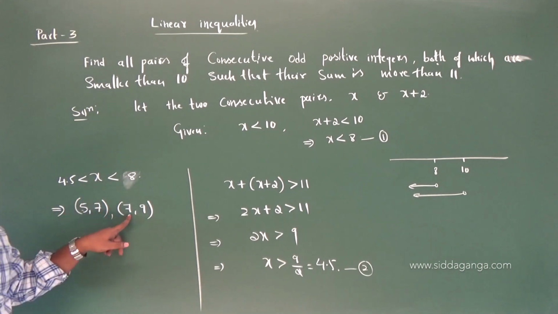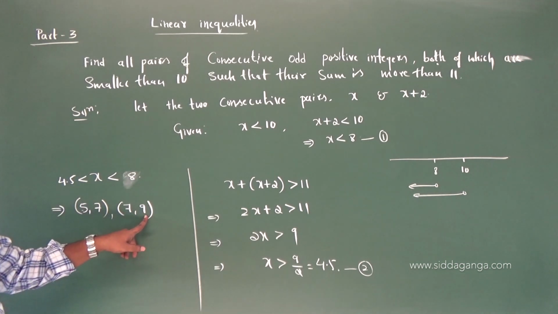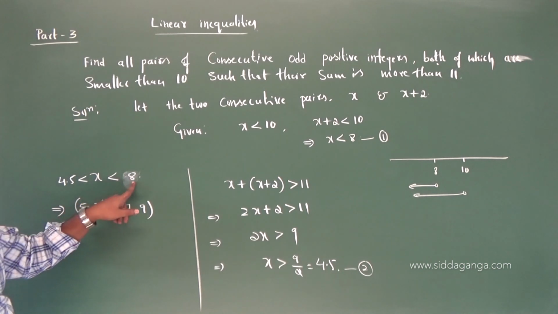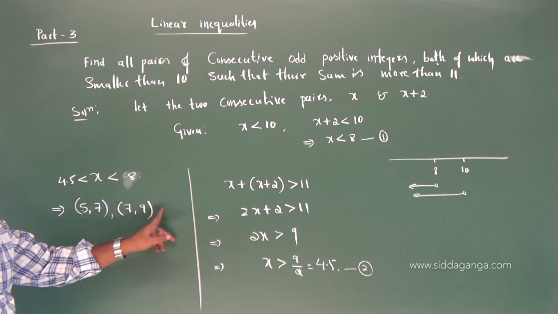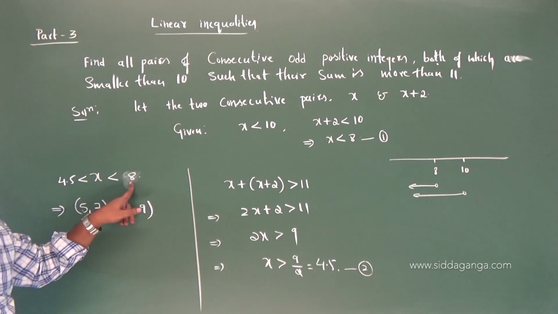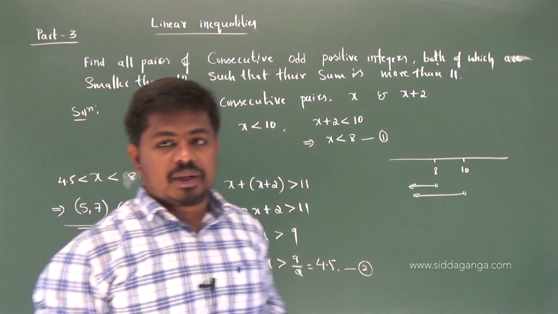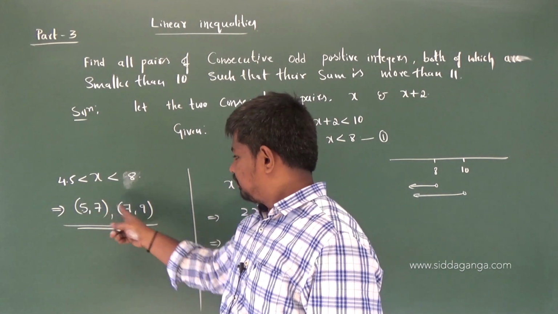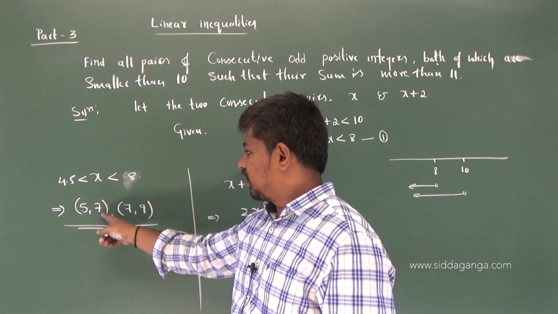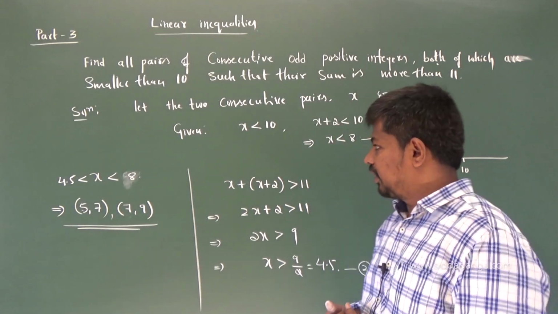Here x is 7, and 7 plus 9 is again more than 11. You can't take 9 and 11 because 9 is more than 8. So these two are the required pairs. They satisfy the condition that both are less than 10 and the sum is more than 11. This is important for the annual examination. Simple.